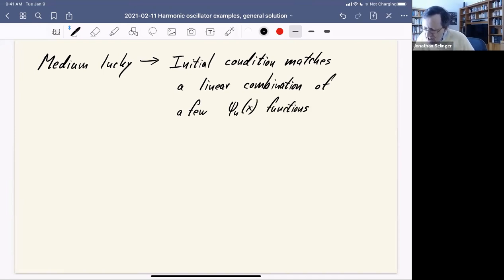So that tells us that there's just a few of those states in your mixture.